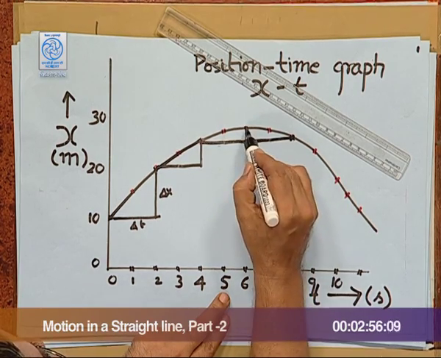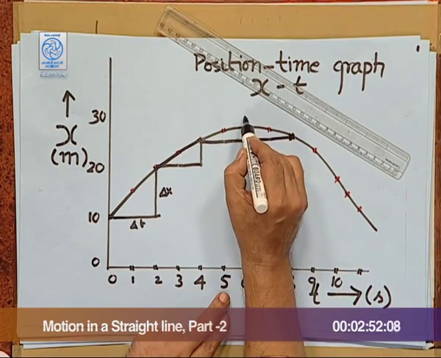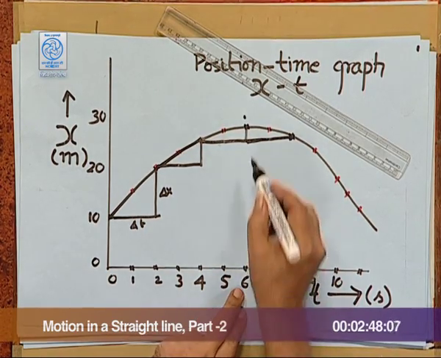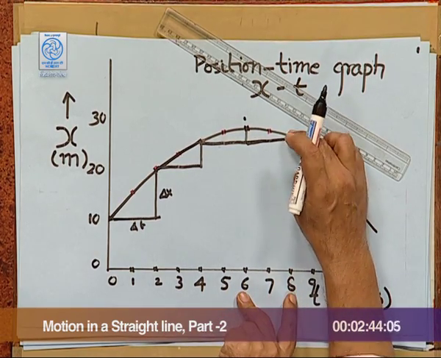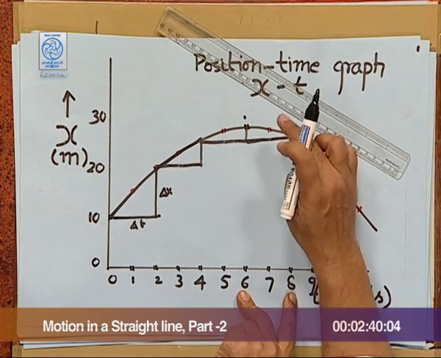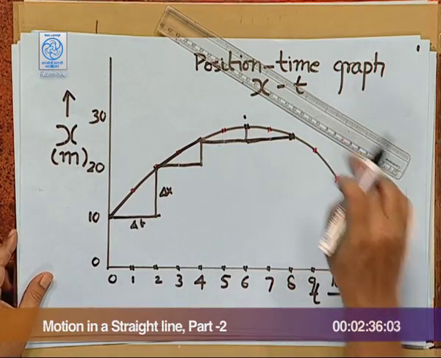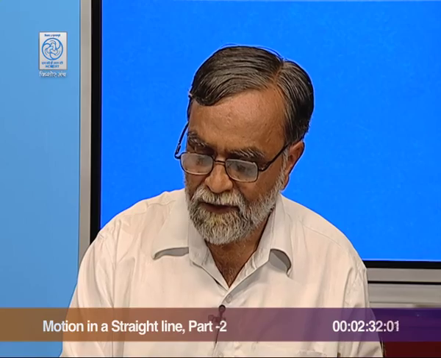Look at this. At time t equal to 6 seconds, this was the position. At time t equal to 8 seconds, the position has decreased. Its position has come down from a certain level, which is 28, to 26 or so.